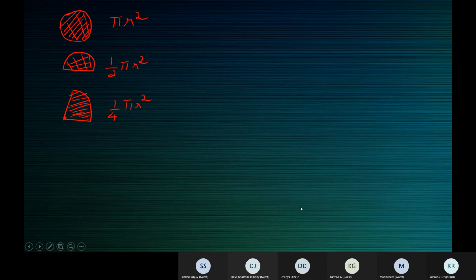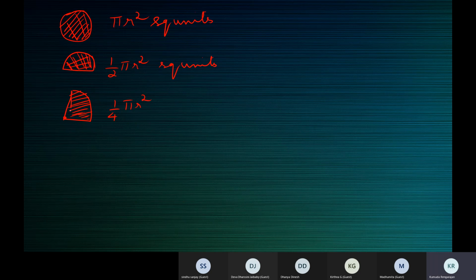Thank you, children. Is this understood so far? This is a circular region, area pi r square units. This is a semicircular region, that is half of a circular region. Its area is half pi r square units.